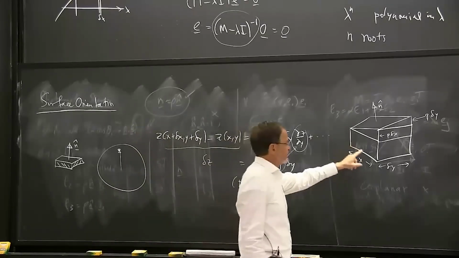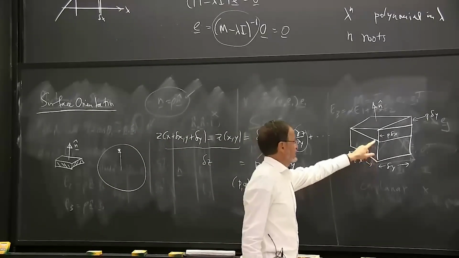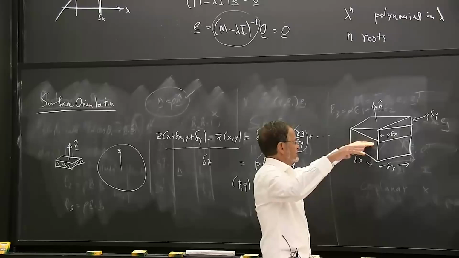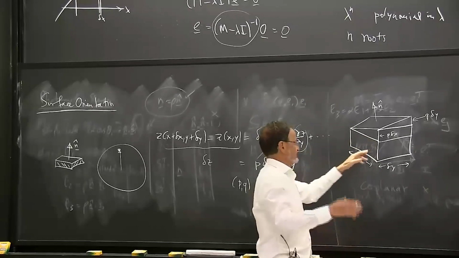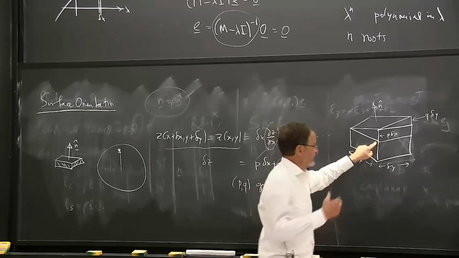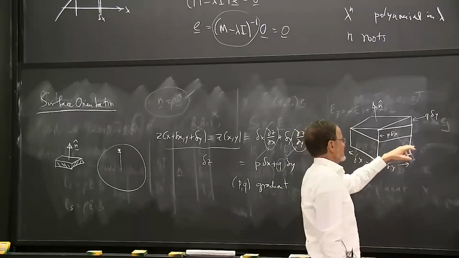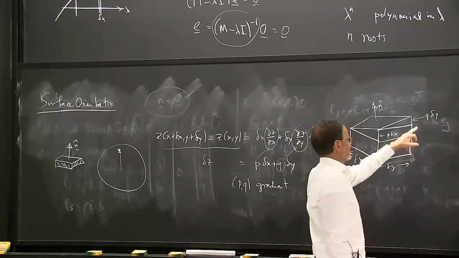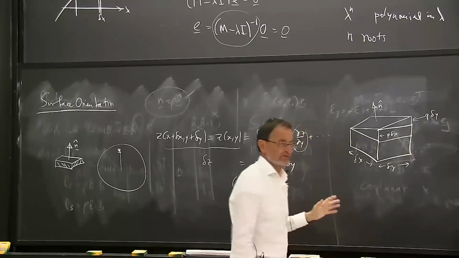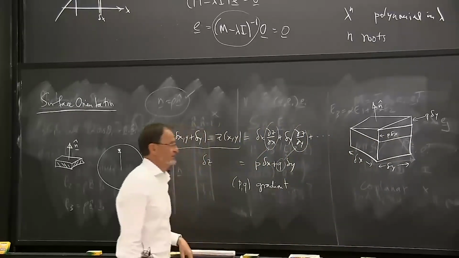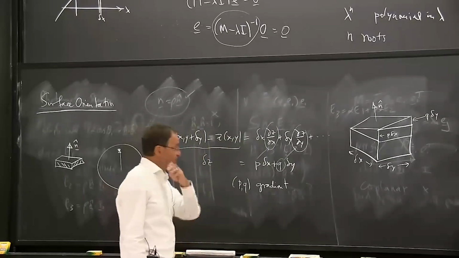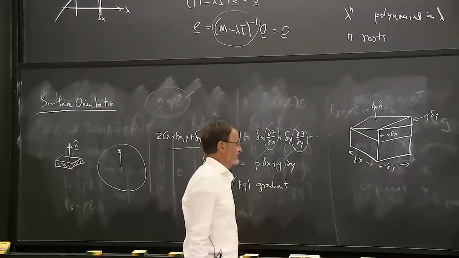I take a small step in the x direction, delta x, and the surface goes up by dz/dx times delta x. Then I take a small step in the y direction, and the surface goes up by dz/dy times delta y. Of course, it might go down. Just in this particular picture, it goes up. So this is another way of understanding what this equation is saying.